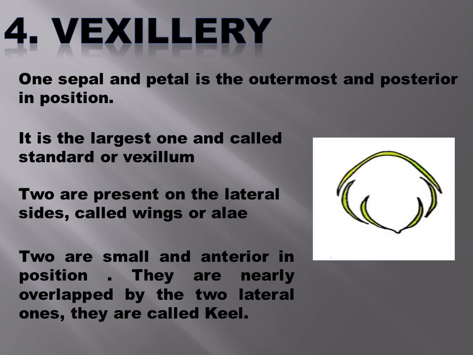In this diagram you can clearly see the anterior, posterior and the keel. The first is the vexillum, which is the largest one. On the sides, the two lateral ones are called the wings, and the third one, anterior in position and completely overlapped, is called the keel.